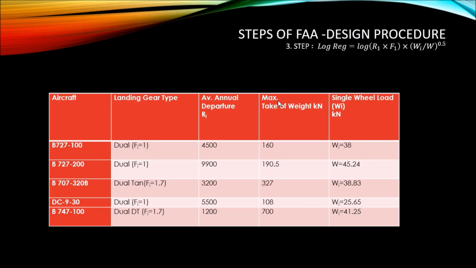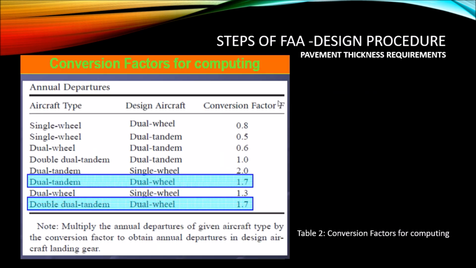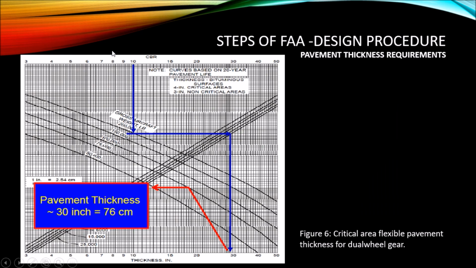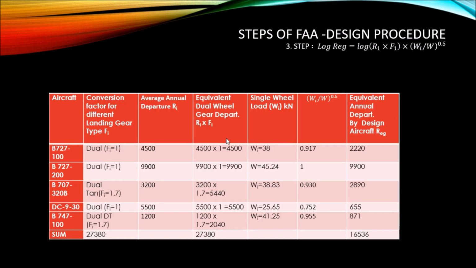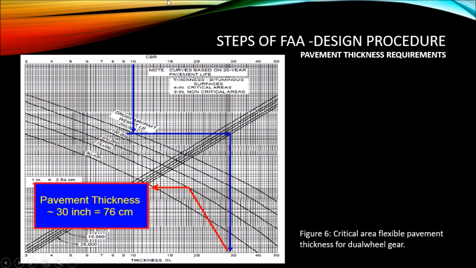Since it is 190,500, we go to the graph under 10 CBR for the subgrade. We move down and 190,500 is close to 200,000. We move down to where we have an annual departure of 16,535, which is what we have here.